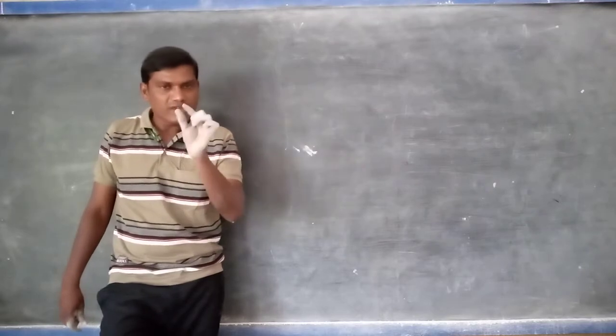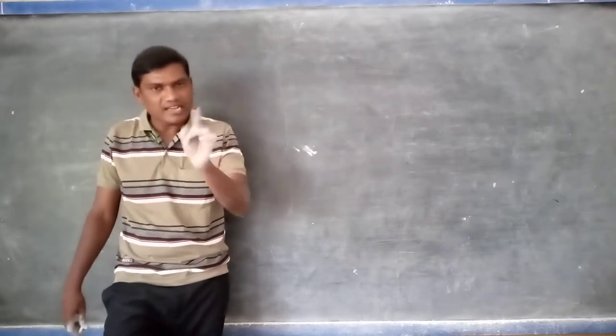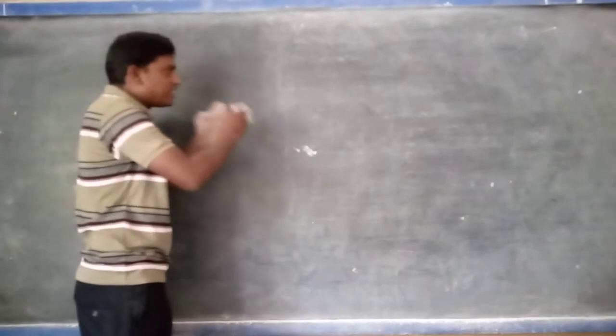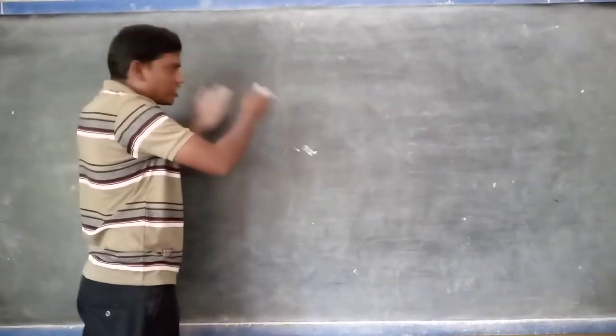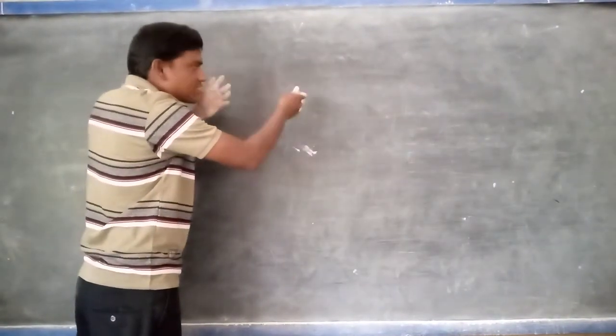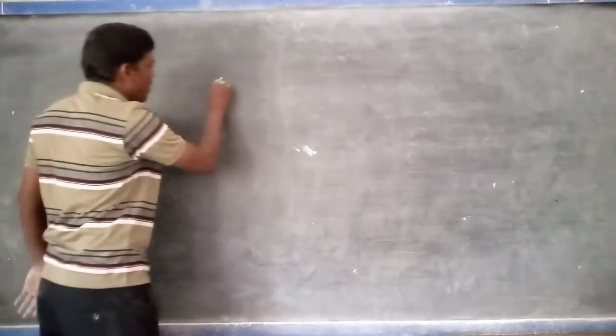Next, if the velocity of a body gradually decreases for every 1 second, that is called negative acceleration. Now here our concept is a car moving with deceleration. Deceleration means initially the body has a certain velocity, and the velocity gradually decreases and finally comes to rest.